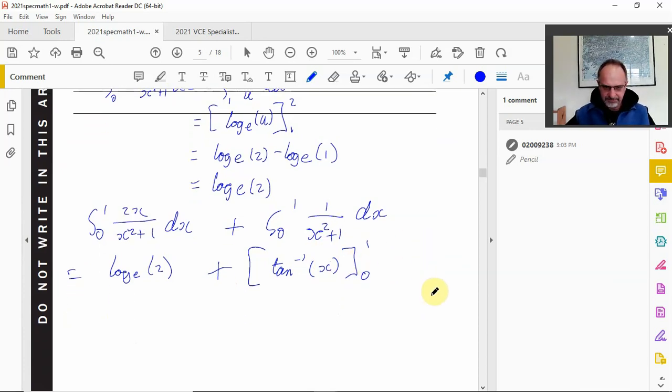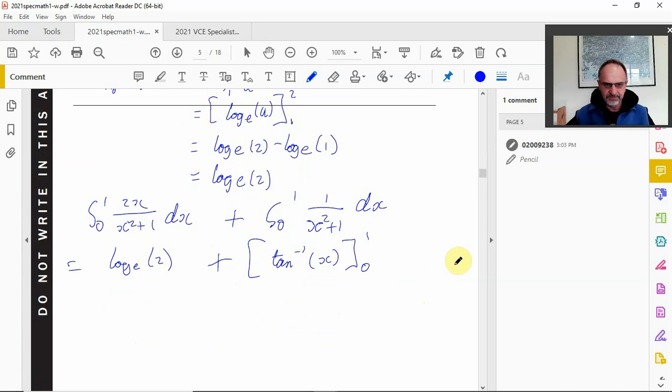That's on the formula sheet, which I should have brought up to flick over and show you, but you just have to take my word for it.